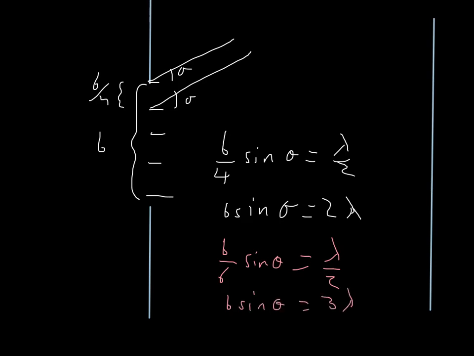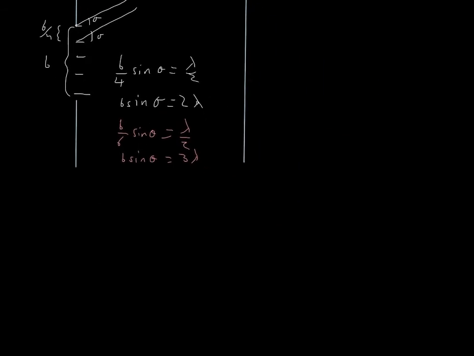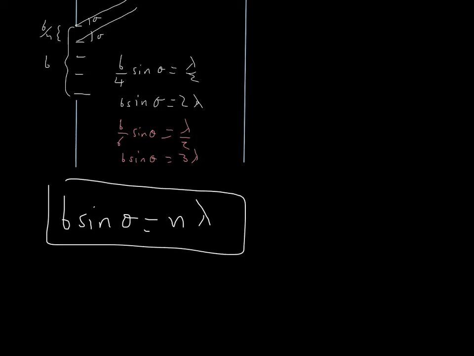So we have b sine theta equals lambda, 2 lambda, 3 lambda, and then I'm sure you can figure out where this is going. We are going to have destructive interference every time that b sine theta equals n lambda, where n is just an integer. And that's what's going to give us the condition for destructive interference.